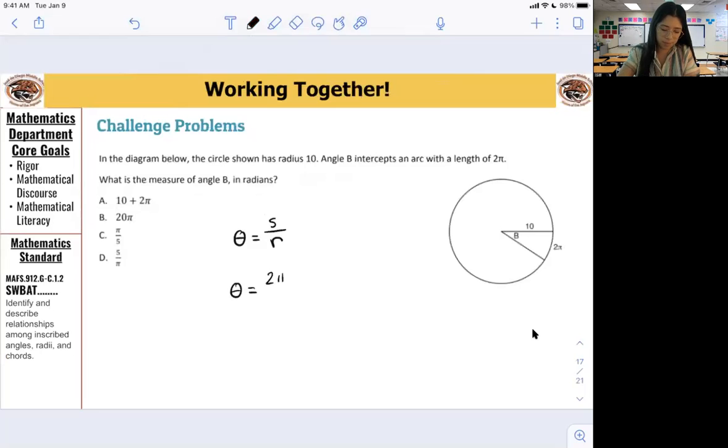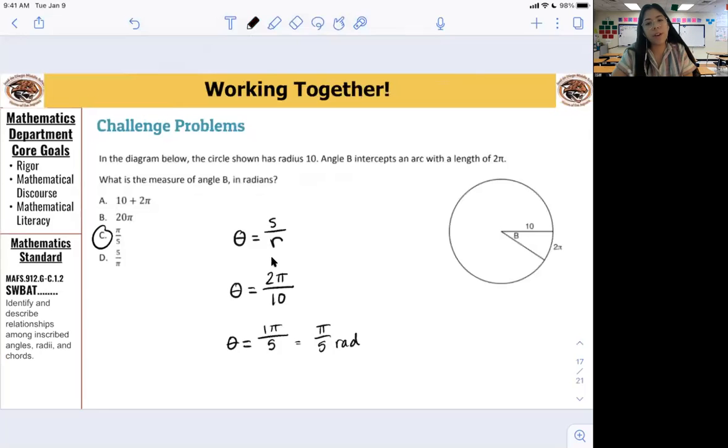And the radius is how much? 10. So in radians, this would be 1/5 pi, or pi over 5 radians. So that would be answer choice C.